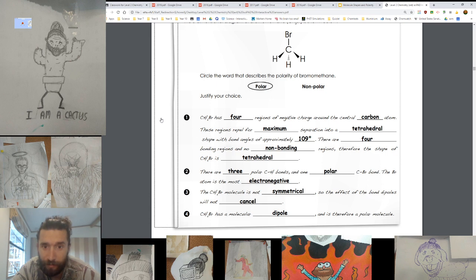So CH is polar and CBr is polar. The way I would explain this would say there are 3 polar CH bonds and 1 polar CBr bond. These bonds are polar because all of these atoms have different electronegativities.